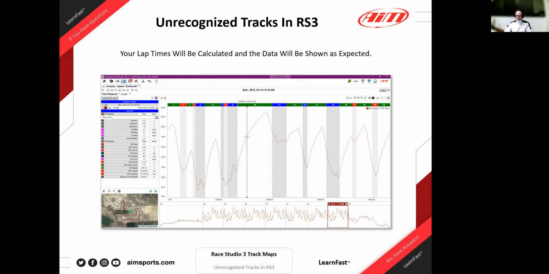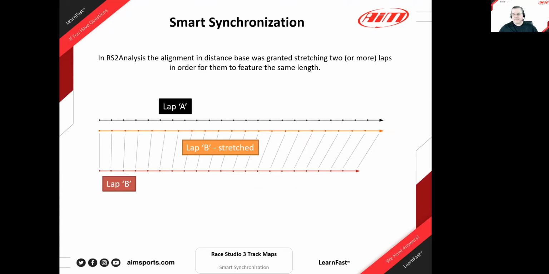Just run on it as soon as it is possible, with the Micron or with the Solo or with whatever you like. Send us data, and we can create the track for you. It's no problem.